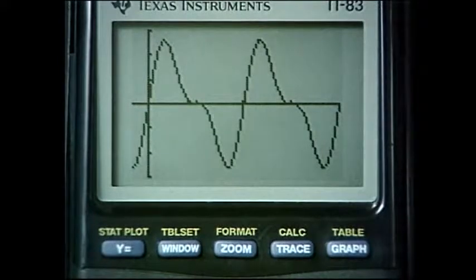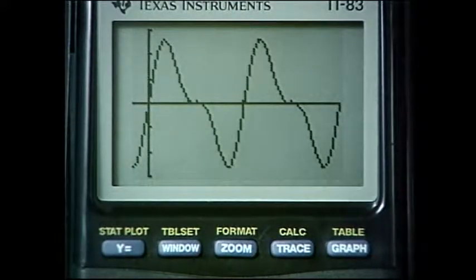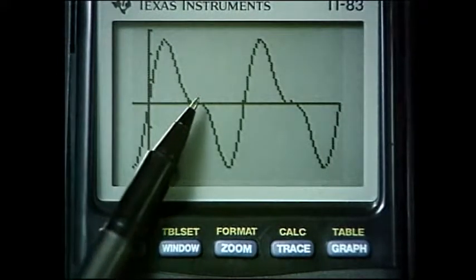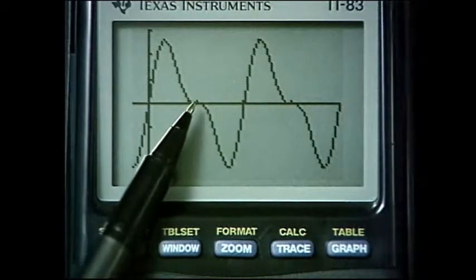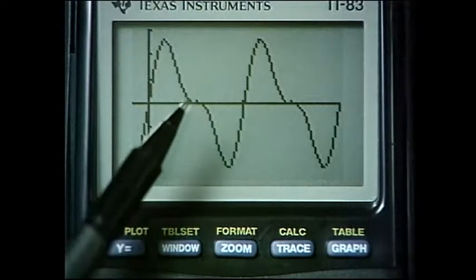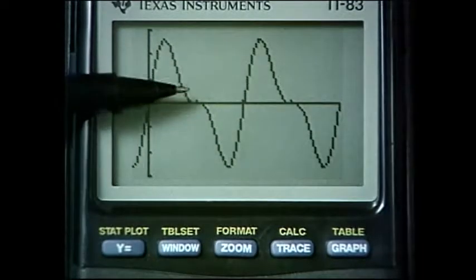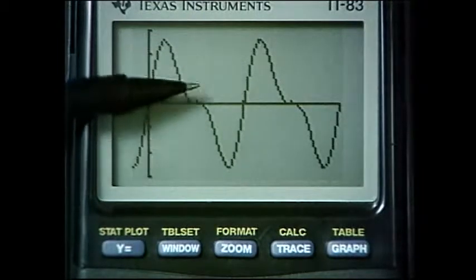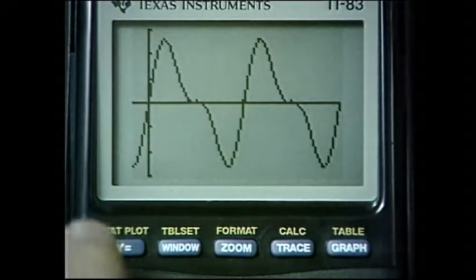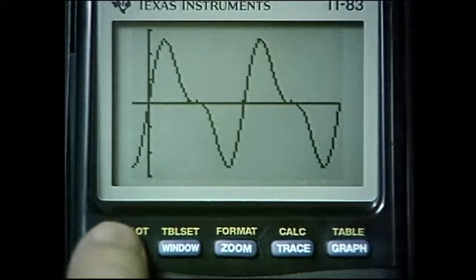All right, to take a closer view of this point of intersection, what we can do is reset our y maximum and minimum, and we're going to magnify this portion of the coordinate plane. We're just going to come in tight like this, and it'll cause the graph to look a little more vertical in that region.